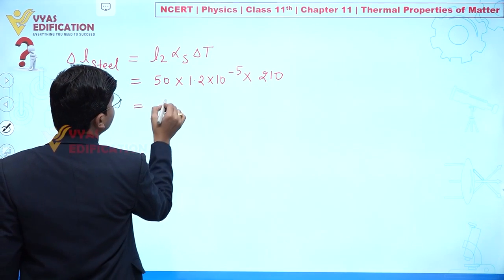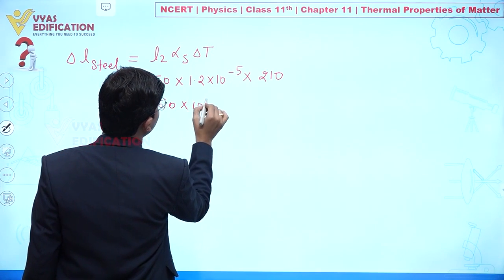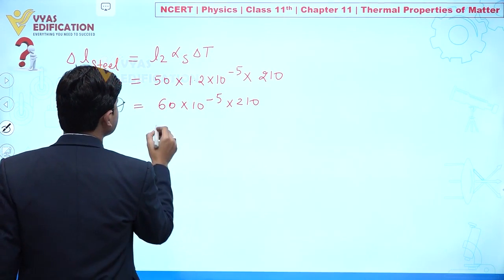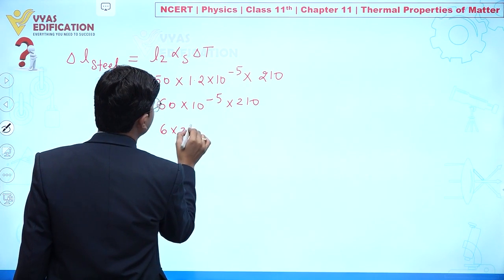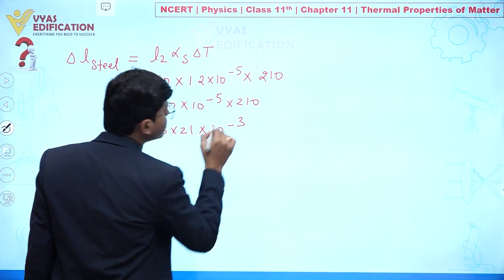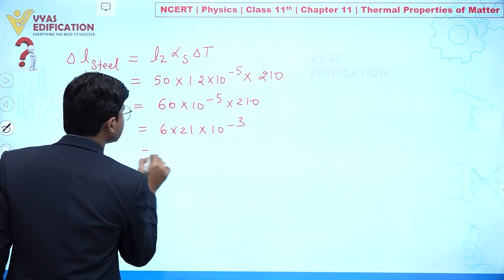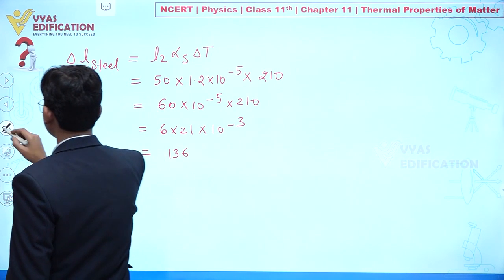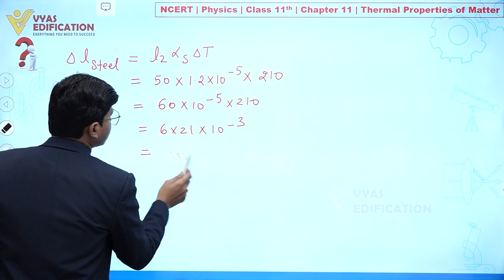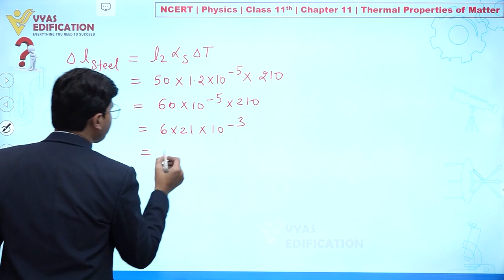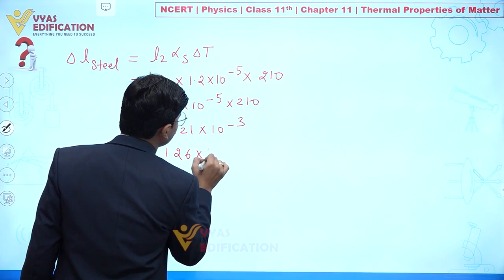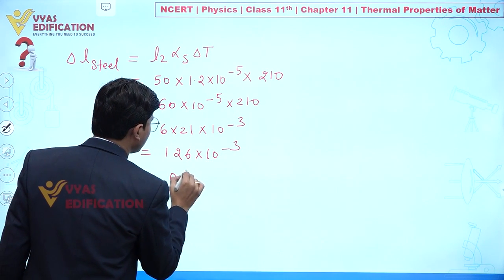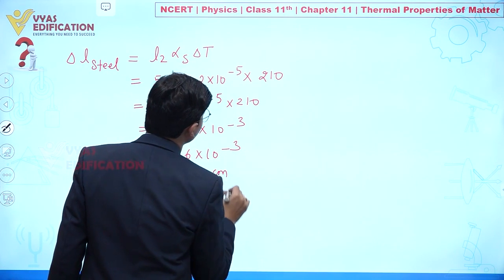From here you can say this is 60 into 10 to the power minus 5 into 210. This is equal to 6 into 21 into 10 to the power minus 3, so 126 multiplied by 10 to the power minus 3. From here you can say this is equal to 0.126 centimeter, clear?